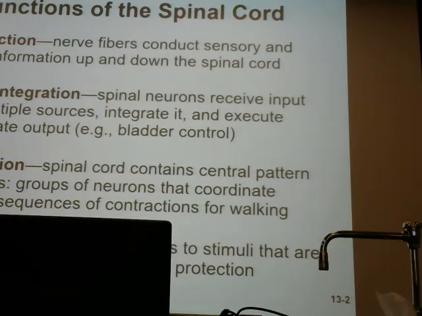Does every piece of that information need to be processed in the brain? No. Some information can be processed at the level of the spinal cord where it enters.